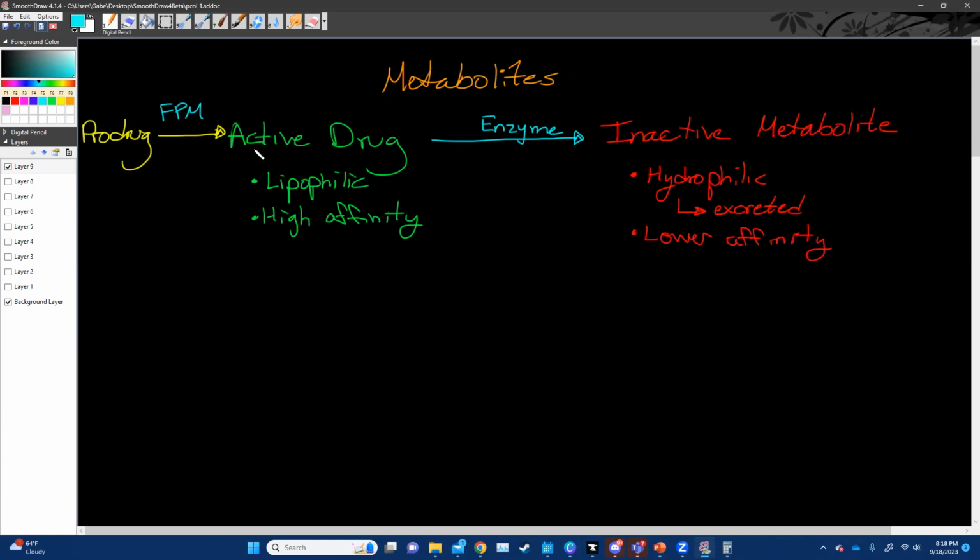What's important to know is that the enzymes that usually cover metabolism that turns it into inactive metabolites, they do the prodrug conversion too. An example would be enalapril, which gets converted into enalaprilat. Another one, which you have probably heard more of, is codeine, gets converted into morphine.